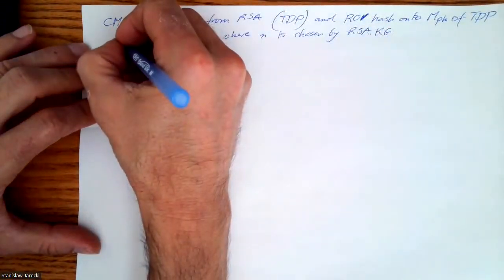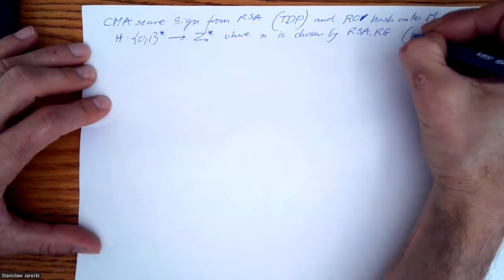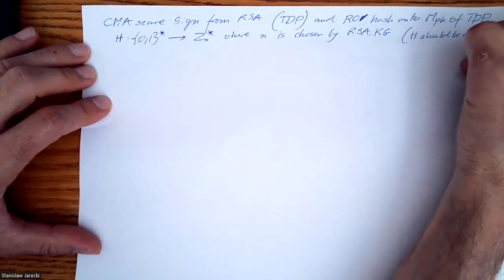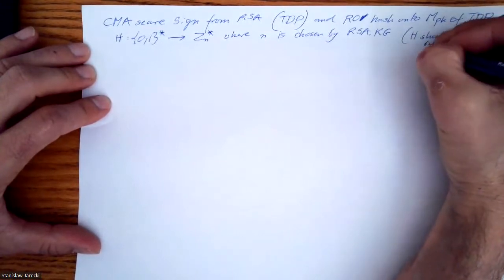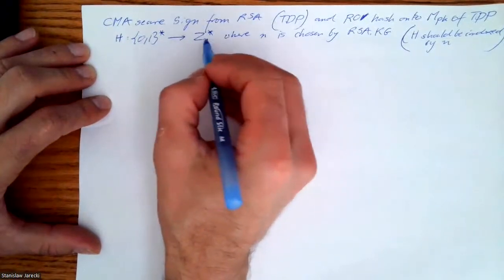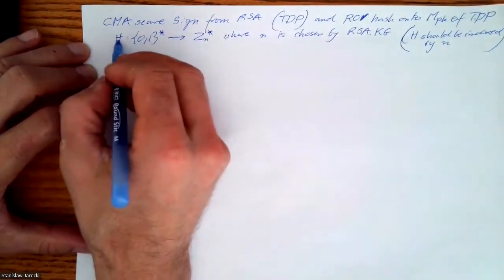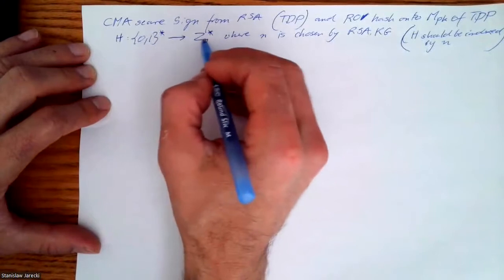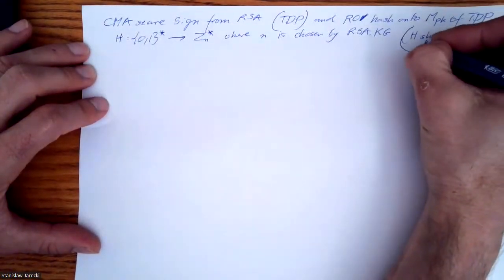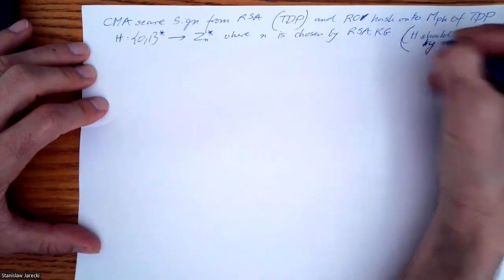So this H should really be indexed by n, right? Because for any n, some fixed hash function is not going to give you random outputs in this range. Okay.